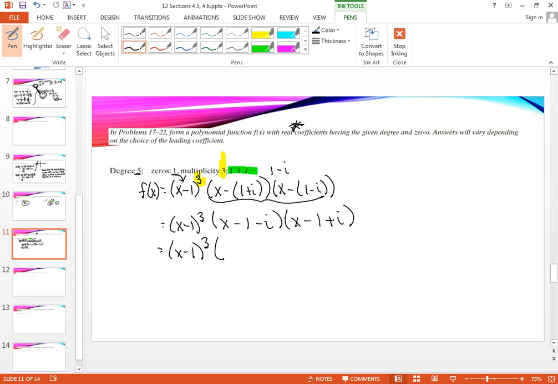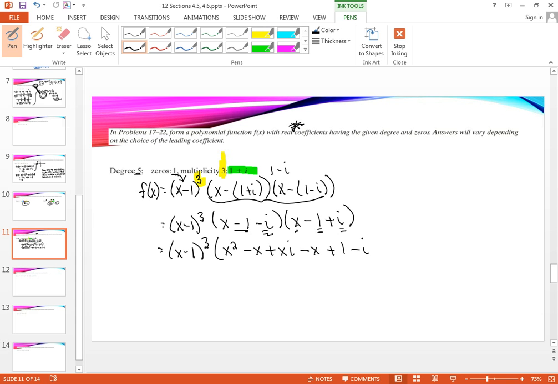I'm going to take the x times all 3 pieces in the second trinomial. I'll get x squared minus x plus xi. Then I'm going to take the minus 1 and I'm going to go times all 3 pieces. So minus x plus 1 minus i.